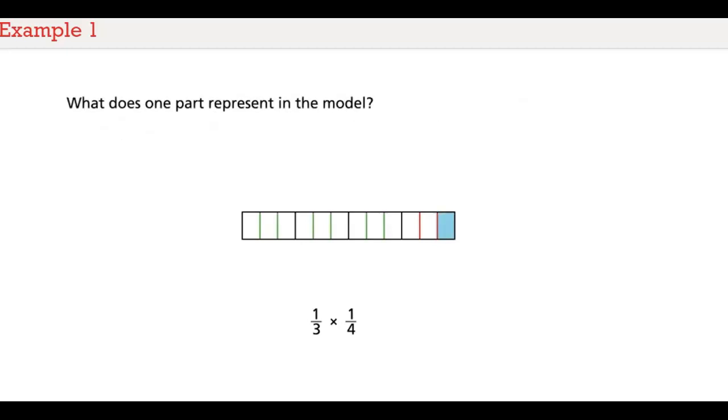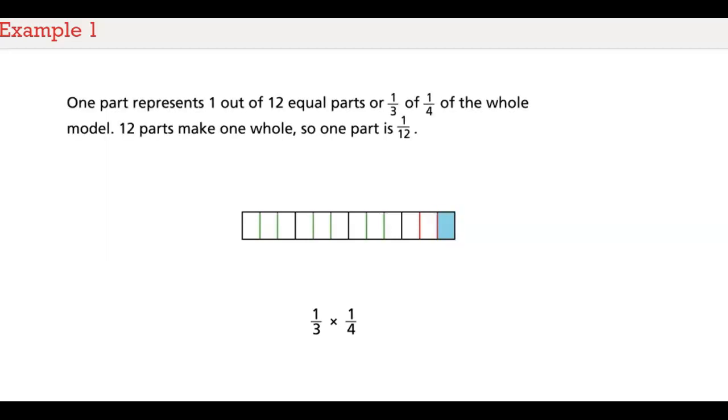What does 1 part represent in the model? One part represents 1 out of 12 equal parts, or 1/3 of 1/4 of the whole model. 12 parts make one whole, so 1 part is 1/12.